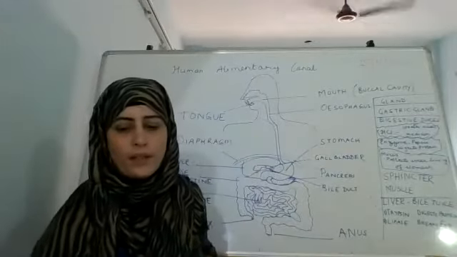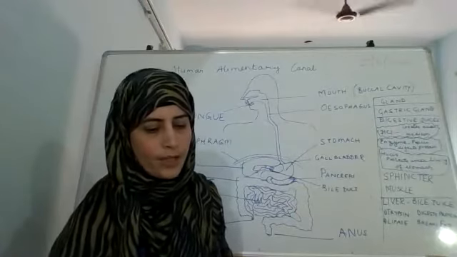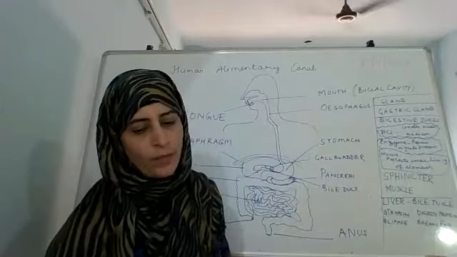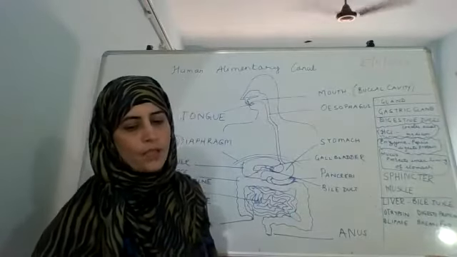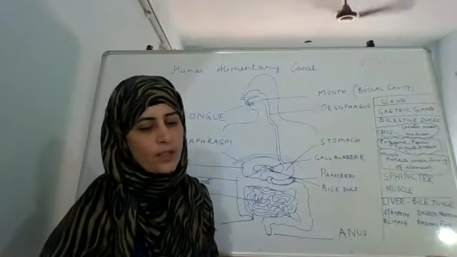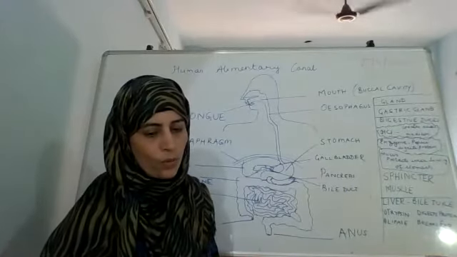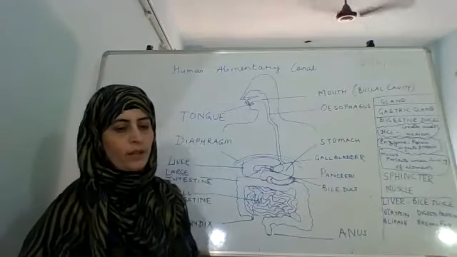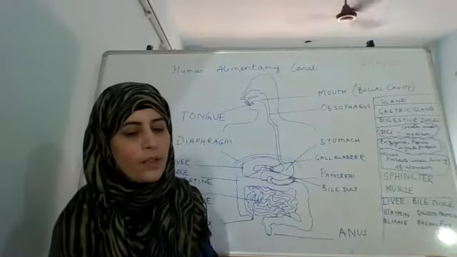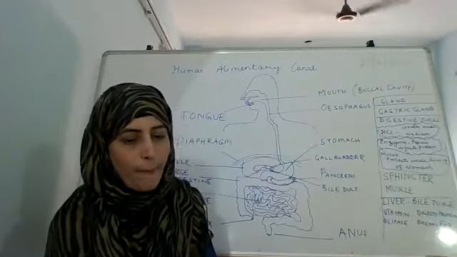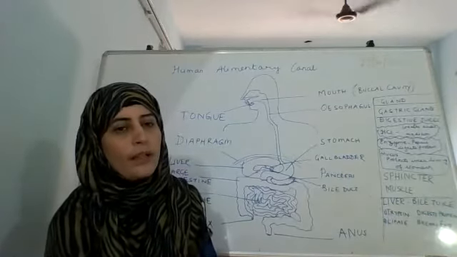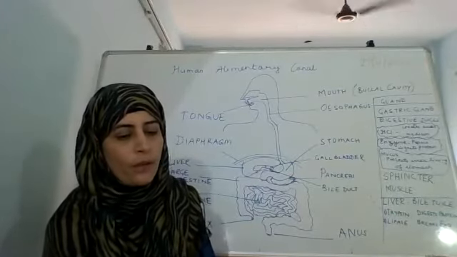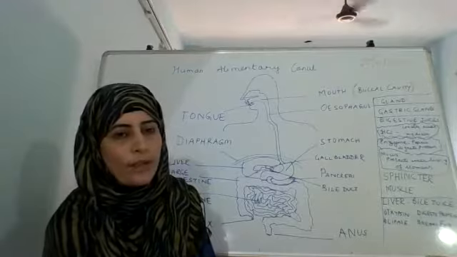So trypsin helps in digesting proteins and lipase for breaking down the emulsified fats. You can write trypsin digests proteins, lipase breaks down emulsified fats. Full stop. The walls of small intestine.